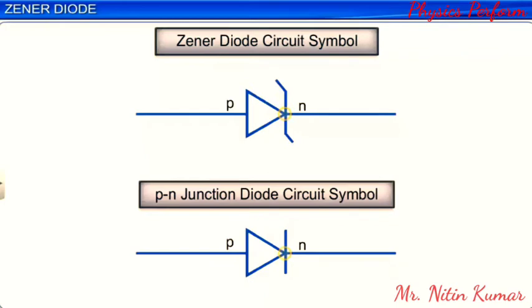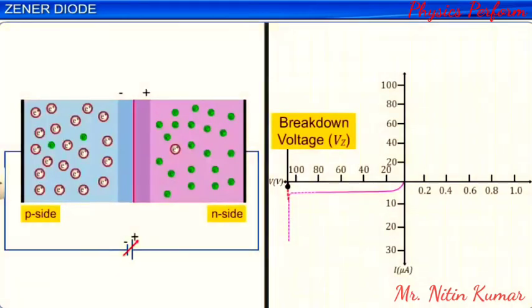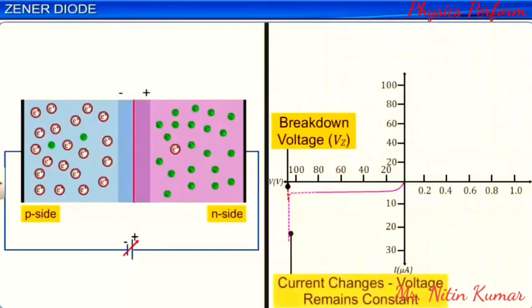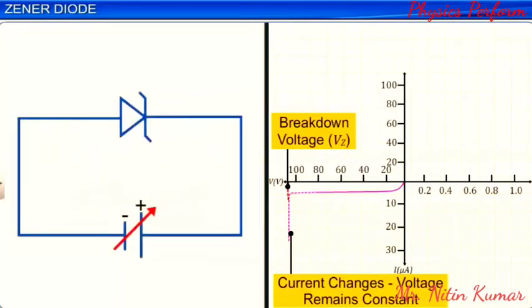Beyond the breakdown voltage, even an insignificant change in the reverse bias voltage can produce a significantly large change in the current. This implies that the voltage across the ZENER diode remains constant, even though the current through it varies widely.